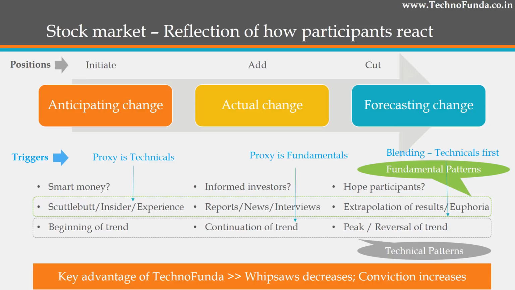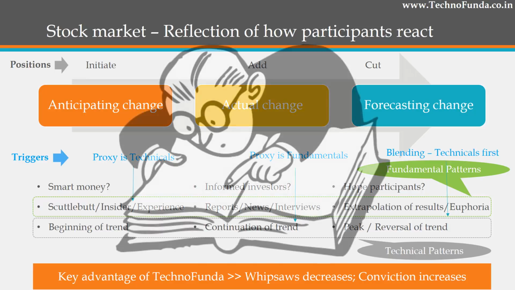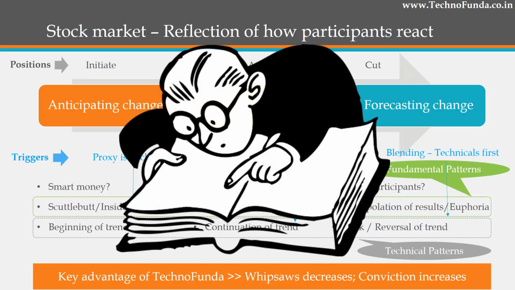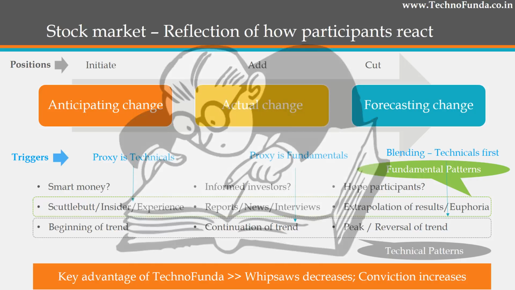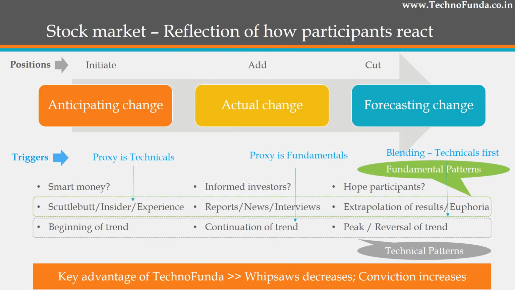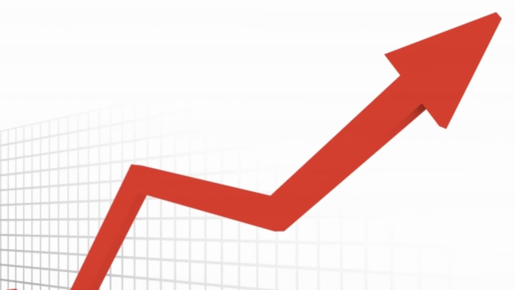When we think that okay, now the story or the thesis which we thought about is playing out as expected, and if the valuation is still comfortable, why don't we add, right? And again, this is the stage where you will find a lot of research reports coming out on your company, a lot of news and interviews of the promoters coming out, and in technical terms the trend has begun and is now continuing to emerge.